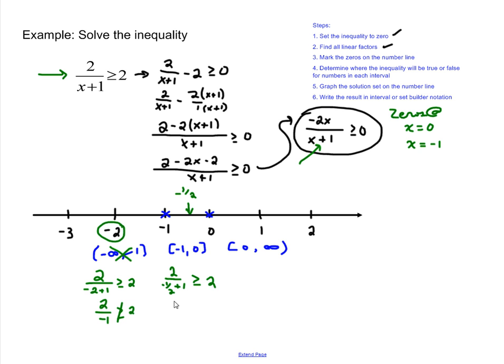Negative 1/2 plus 1 is positive 1/2. So I've got 2 divided by positive 1/2, and I want to see if that's greater than or equal to 2. 2 divided by 1/2 is the same thing as 2 over 1 divided by 1 over 2. That's 2 over 1 times 2 over 1. And yeah, that is greater than or equal to 2 because 2 divided by 1/2 is 4. And 4 is greater than 2, so this is part of our solution set, so we would fill in this piece of the number line as part of our solution set.